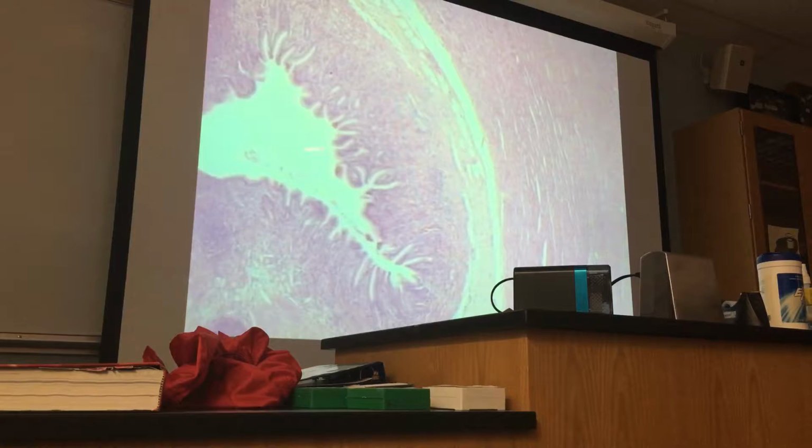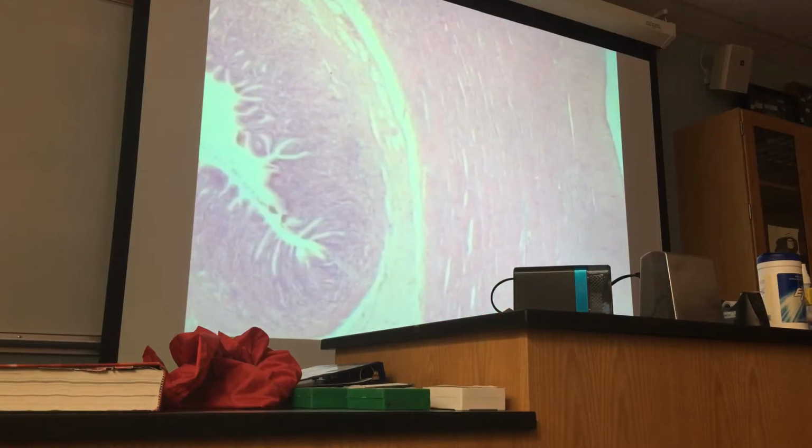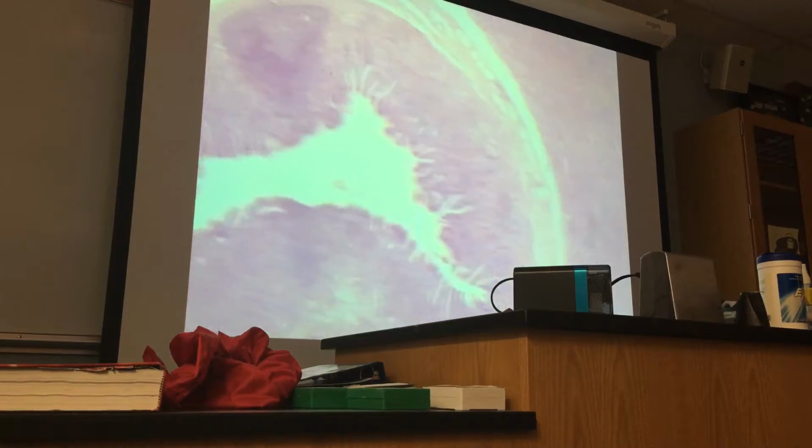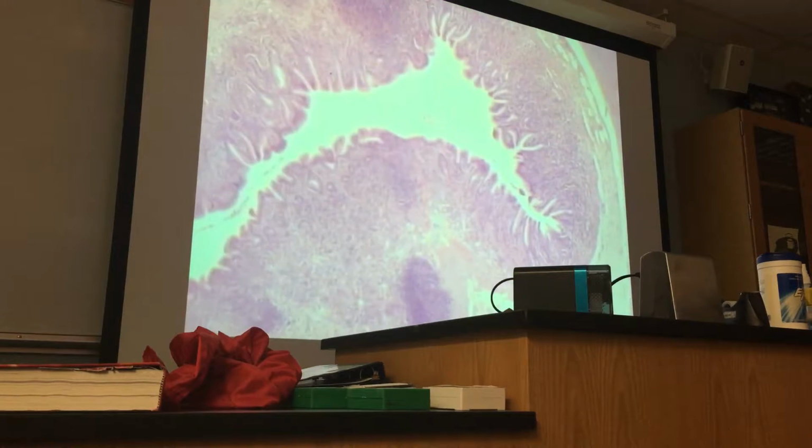And the motility of the stomach will depend on the activities of the muscularis here, and also the activities of the muscularis mucosae. Can you see this nodule, dark? Can you see that? That's the mucosa-associated lymphatic tissue, or you can call it lymphatic nodule.